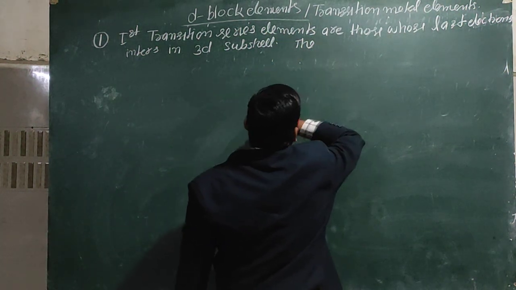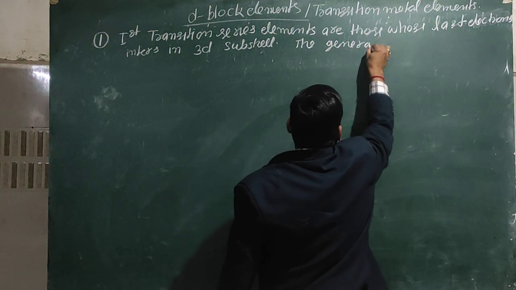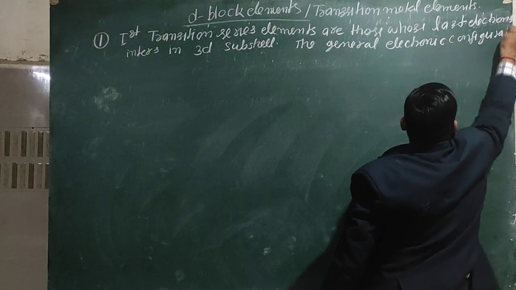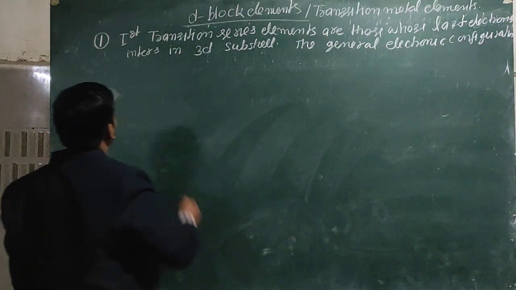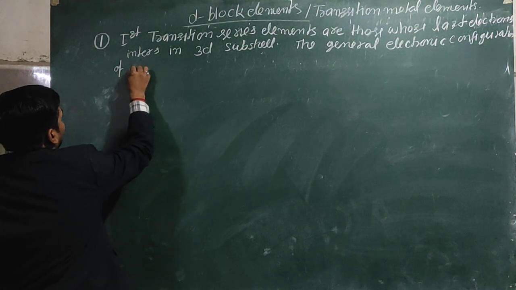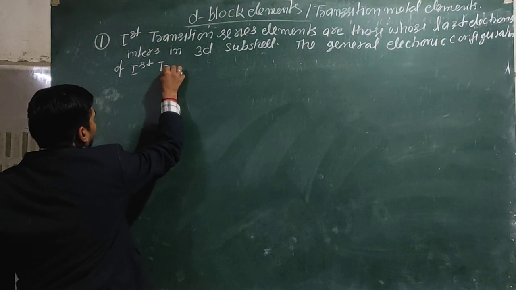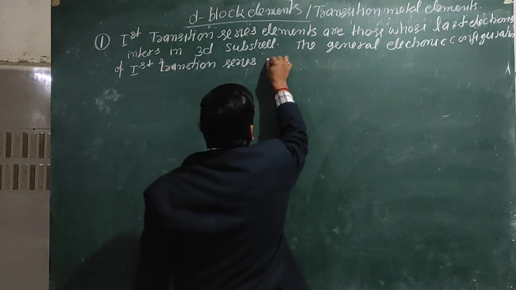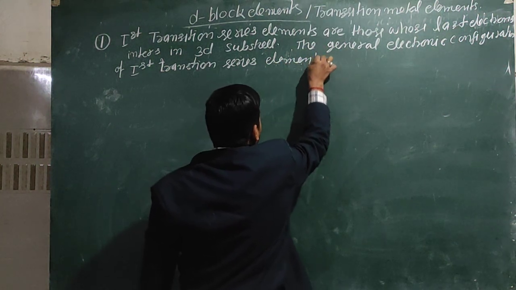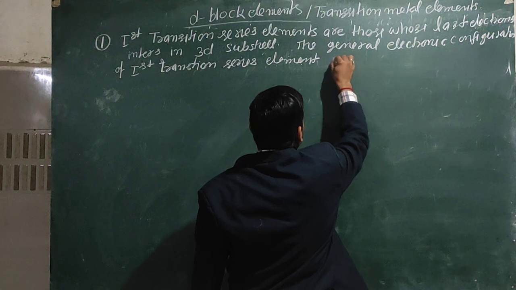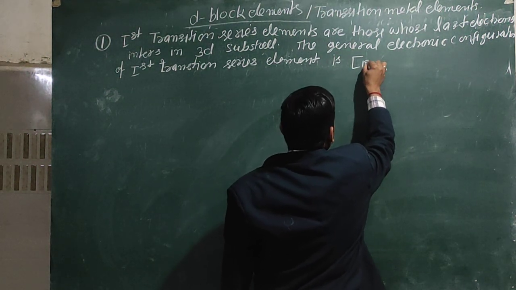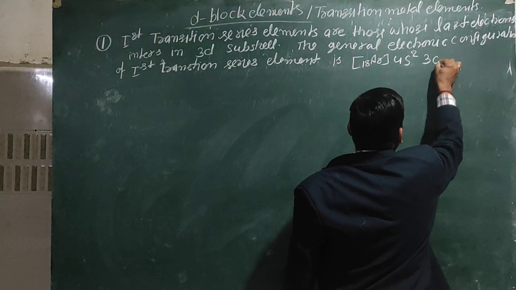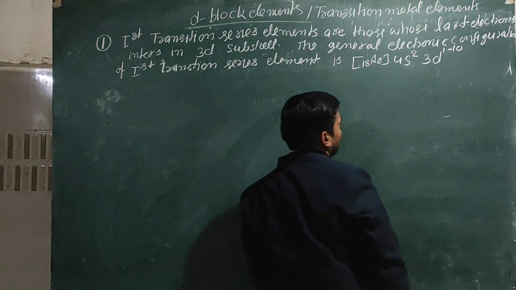The general electronic configuration of first transition series elements is [Ar] 4s2 3d1 to 10.